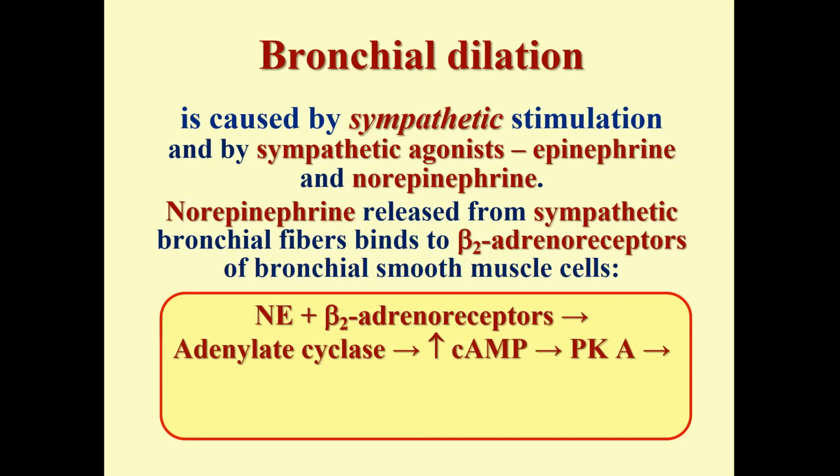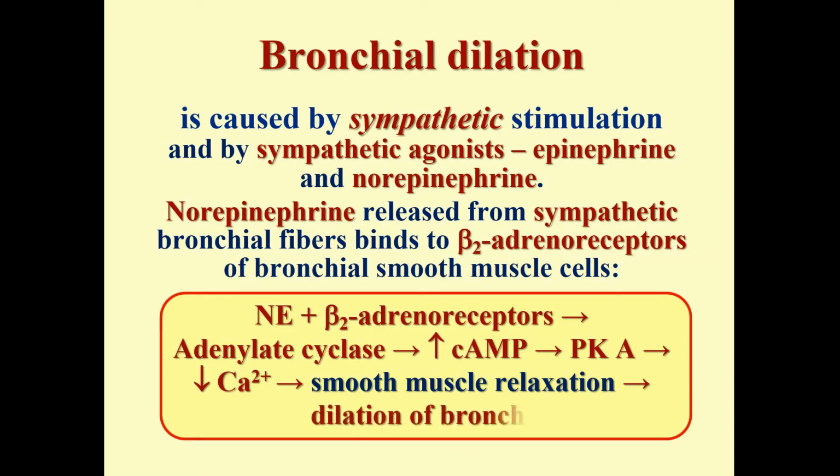It produces a lot of molecules of cyclic AMP, then cyclic AMP molecules activate numerous protein kinases A, and protein kinases A phosphorylate certain proteins which finally decrease calcium. Don't mix with beta-1 receptors in the heart muscle, where protein kinase A activation results in higher calcium level because of opening of additional calcium channels. Here calcium is decreased, and smooth muscles are relaxed, and bronchi become dilated.